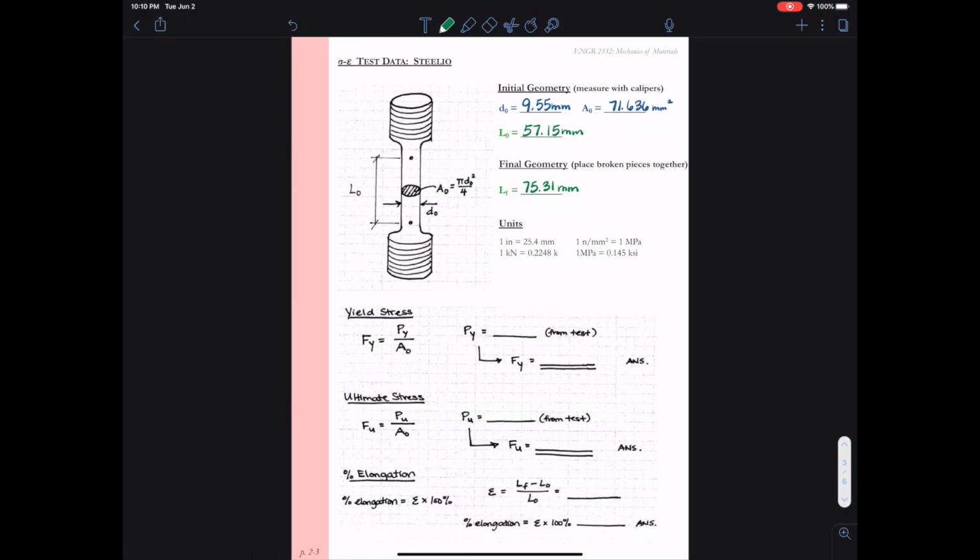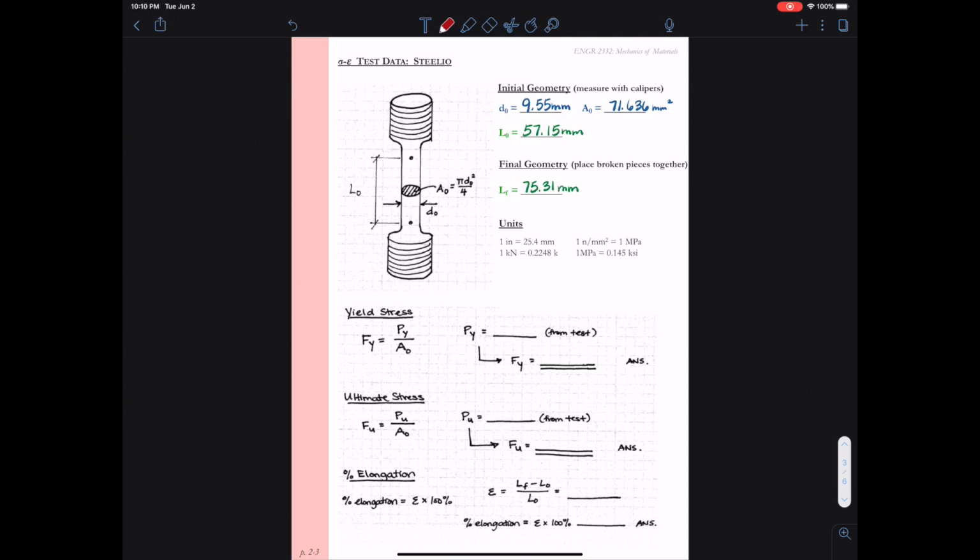And so we can go ahead and convert that into stress, to find the yield stress, to find the ultimate stress, and then to find the total amount of strain and the percent elongation. So let's go ahead and work through those calculations. So let's wrap up the test data for Steelio.